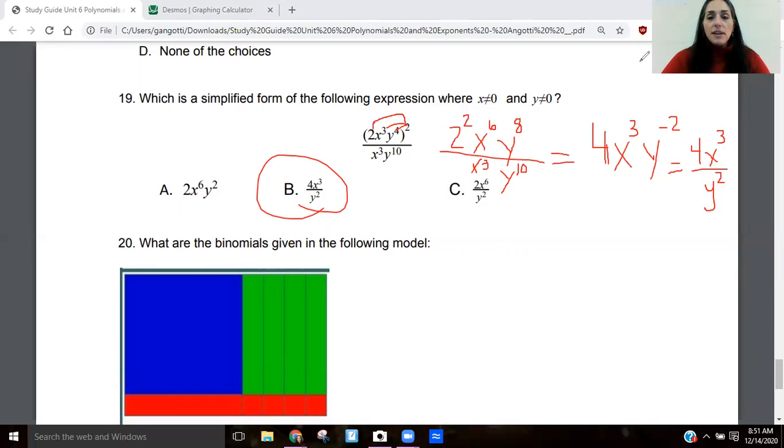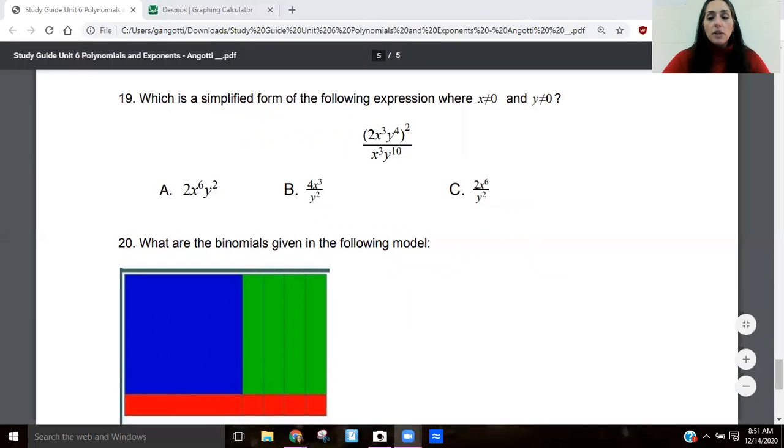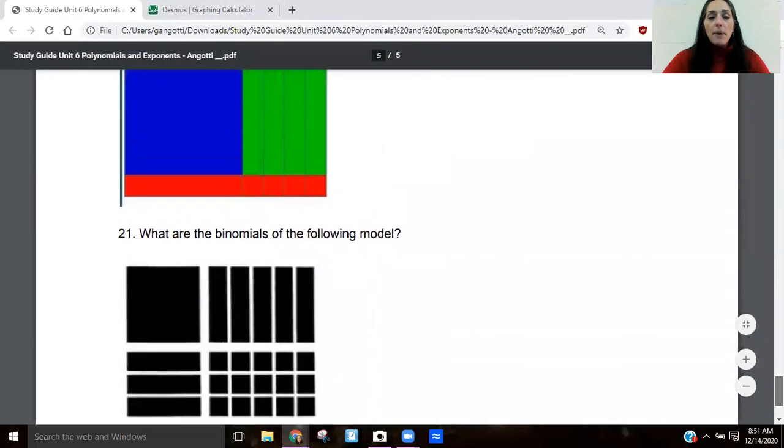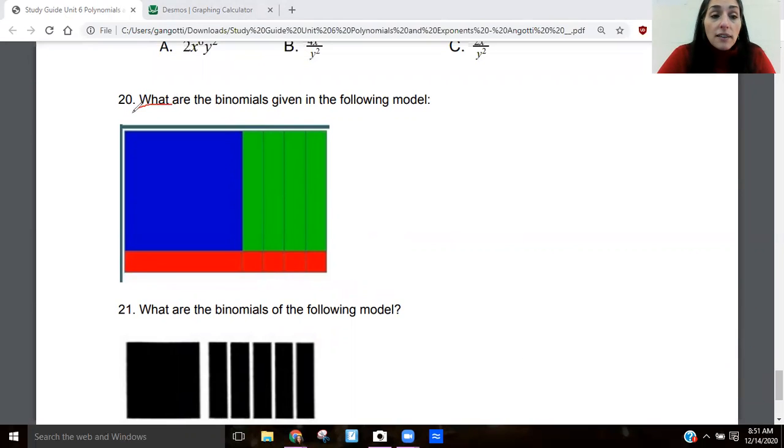All right, almost done. Clear these. 20 and 21 are talking about algebra tiles. We did this in Desmos. Here's the big thing that you have to be able to recognize on tomorrow's test. You need to be able to tell me what is along the top. Like you need to be able to recognize what the factor would be along the top and what is along the side.